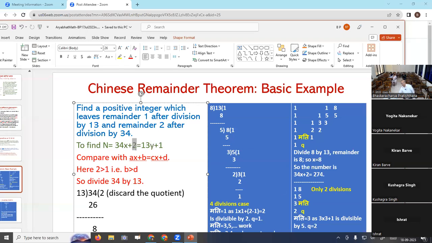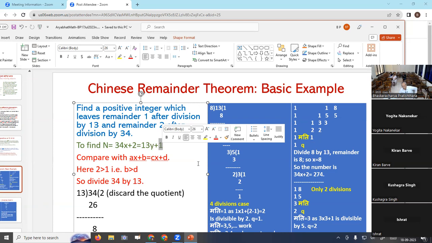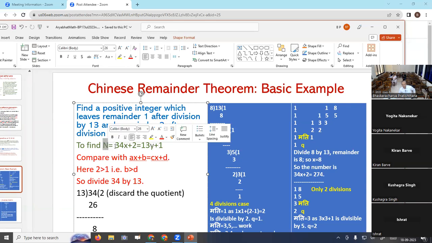Sir, if I am not mistaken, Bhaskaracharya second gives a method when both x and y can be positive. See, x and y, they are actually, I mean, n is divided by, say, in this case, 34, and then you are getting a quotient.